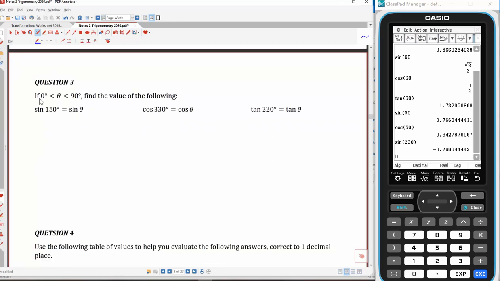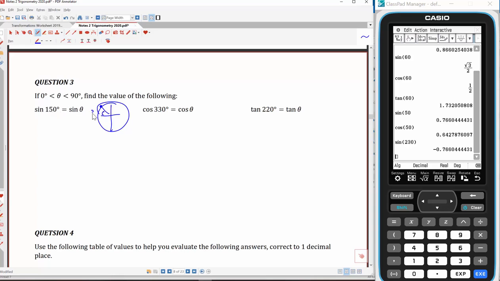Okay, if we've got an angle between 0 and 90 degrees, find the value of the sine of 150. What theta value will produce this? So 150 is over here, and noting that 150 is how much less than 180 degrees?